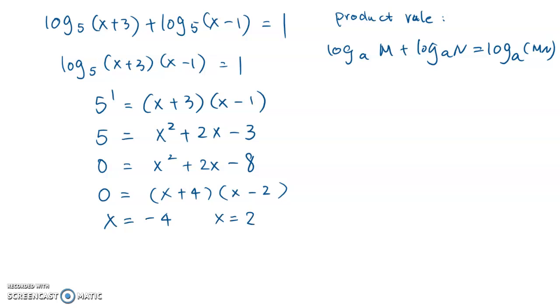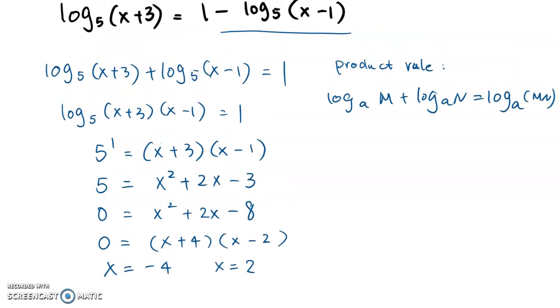Why do I say possible solutions? Because this is a logarithmic equation. You have to check if your solution is making each argument positive, which is x plus 3 and x minus 1.